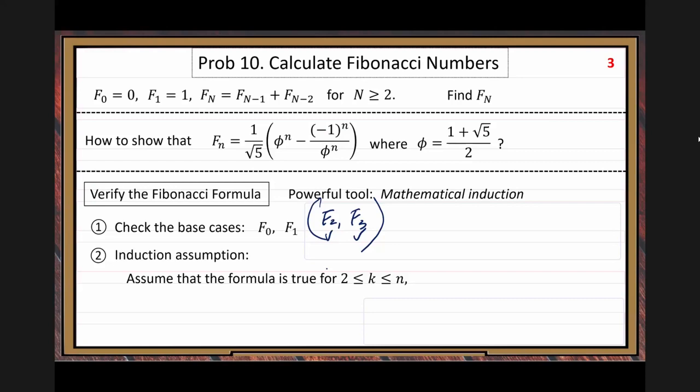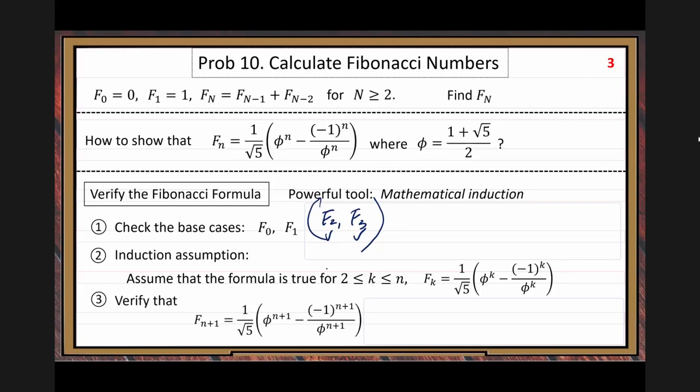Today we don't have that much time. So we make this assumption. Then step 3, we verify that for n plus 1, this formula is correct. That's the standard procedure of mathematical induction.